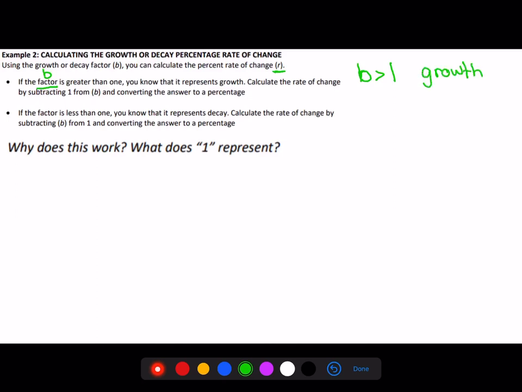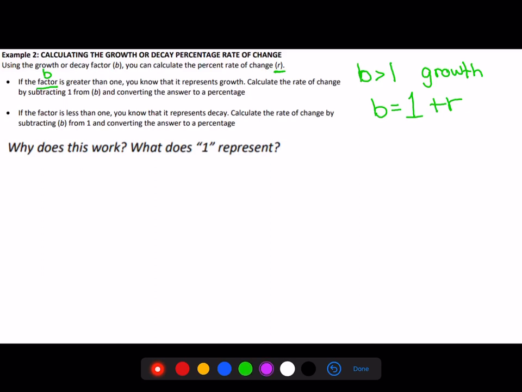And if we have growth, we can use the formula B is equal to 1 plus R. So that's how we can find R. If I do some simple algebra with this, I can calculate for R.